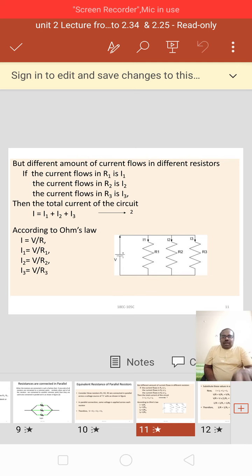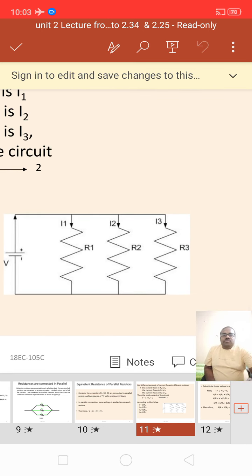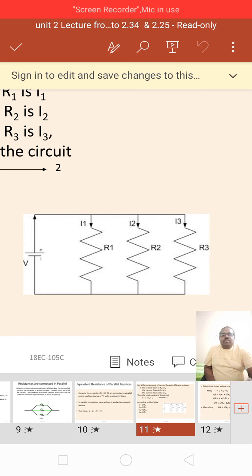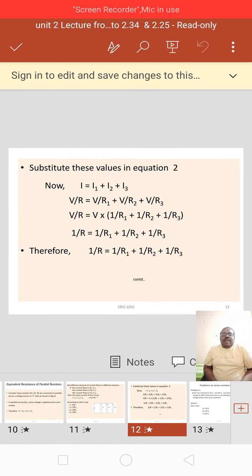Here I have also shown the resistors connected in parallel; it is the diagram representing the parallel connection. Substituting these values in equation 2, I equal to I1 plus I2 plus I3, we get V by R equal to V by R1 plus V by R2 plus V by R3.